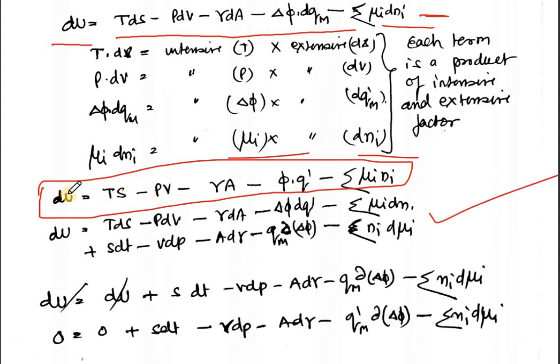If dU equals TS minus PV minus gamma A minus del phi q prime minus summation mu i n i, and we differentiate, then we get dU equals TdS minus PdV minus gamma dA minus del phi dq minus summation mu i dn i plus S dT minus V dP minus A d gamma minus Q m d del phi minus summation of n i d mu i. So this is the complete differentiation of this equation.